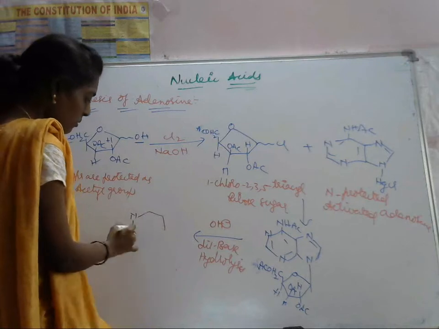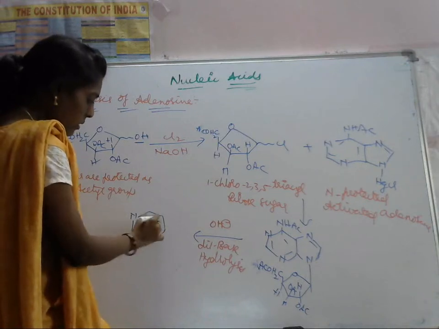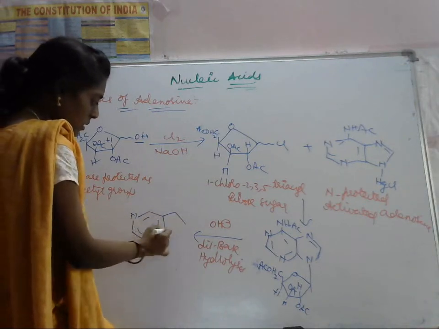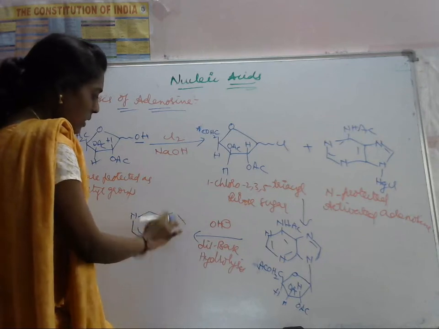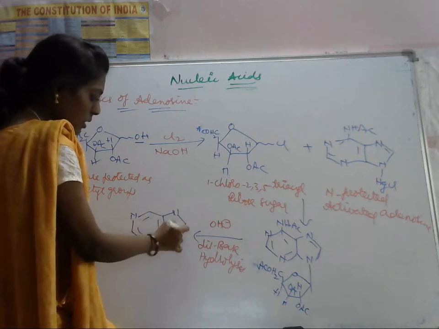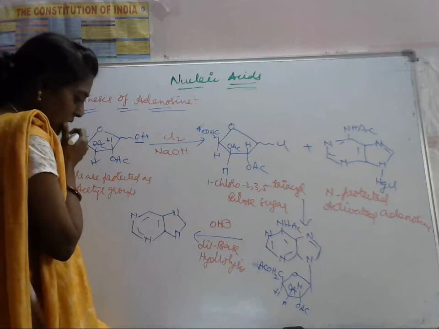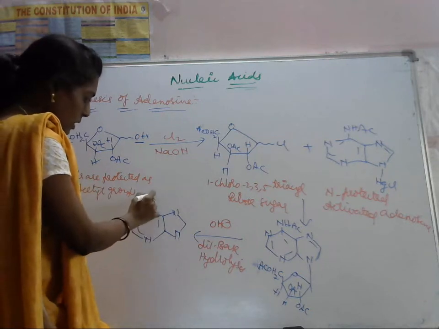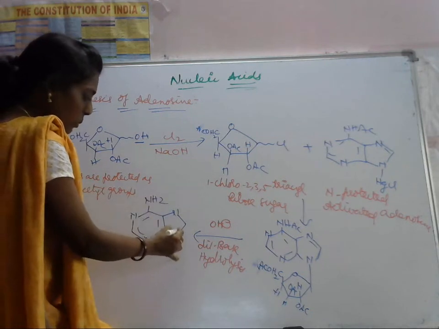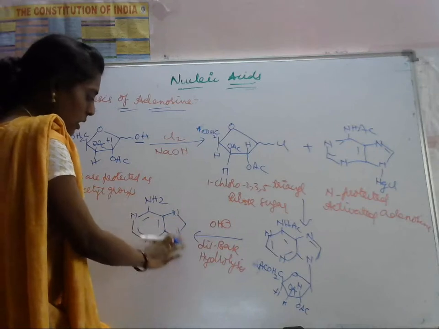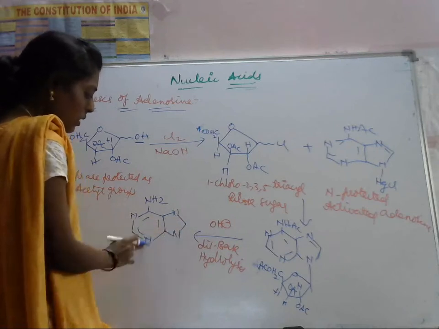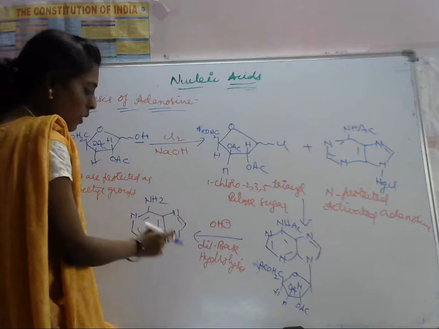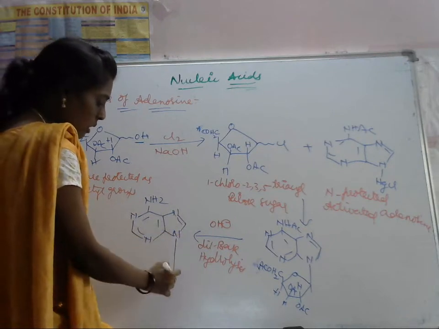Here we will have nitrogen, nitrogen, nitrogen, and then the NH2 group. At this position don't form a bond with this nitrogen; you have to form the bond with this nitrogen only.